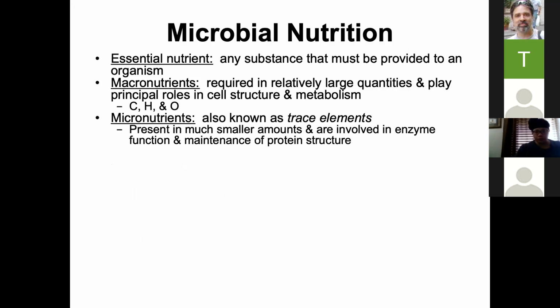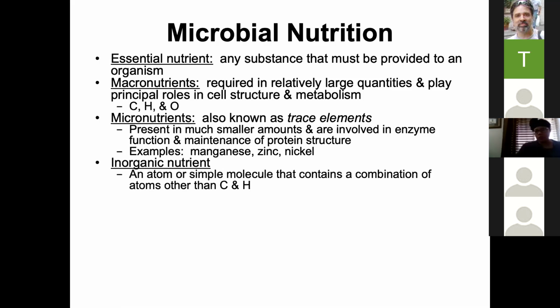Micronutrients would be things like minerals. Macronutrients, for us, would be things like lipids and proteins and carbohydrates, and water can be considered a macronutrient. And for a lot of bacteria, that's also true.